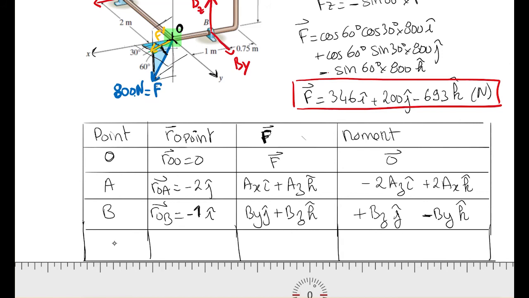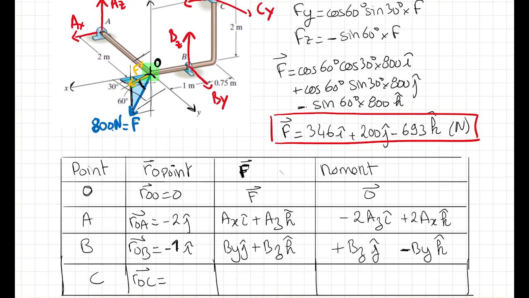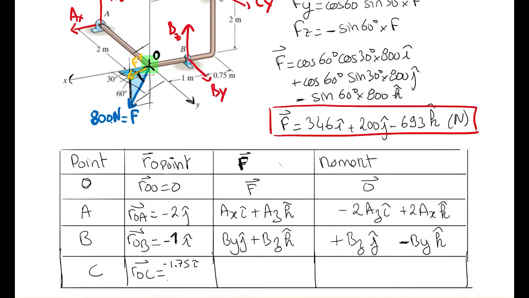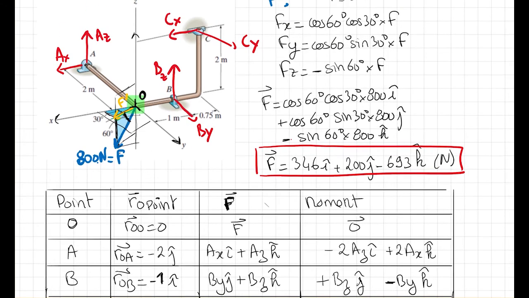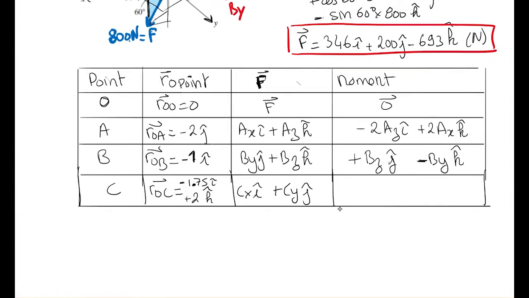Okay, point C, so R_OC, from O to C, is equal to minus 1.75 on I at, this one, and plus 2 on K at. The force is CX I at plus CY J at. You don't see it, but I do see it.